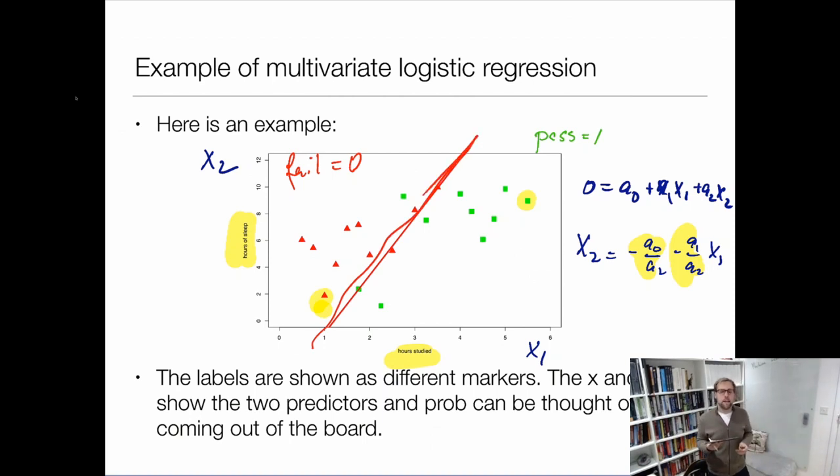Everything to the left is classified as fail, and everything to the right is classified as pass. And as before, I see that many points I get right in my classification, but some points I get wrong. So here, for example, this point here would be classified as fail because it's to the left of the decision boundary, but in reality it was a pass.